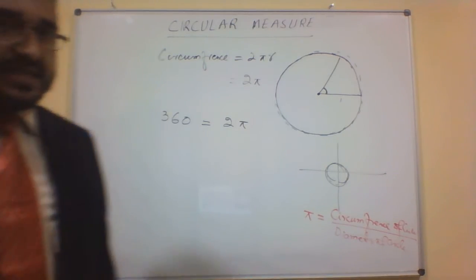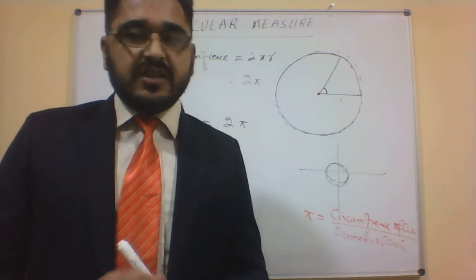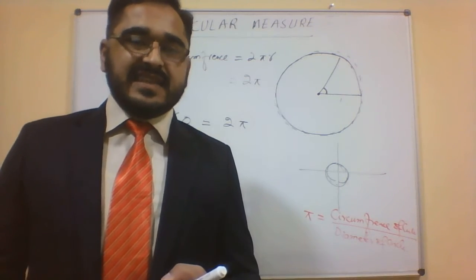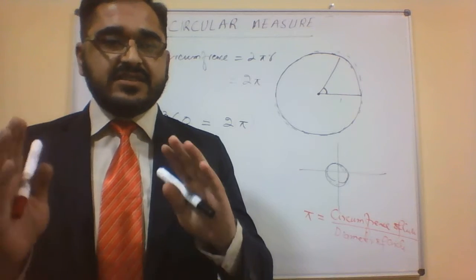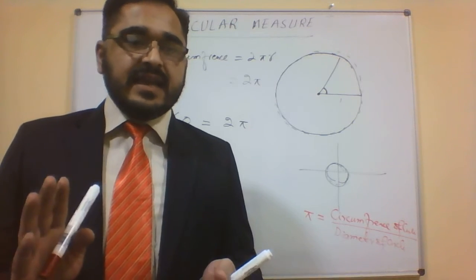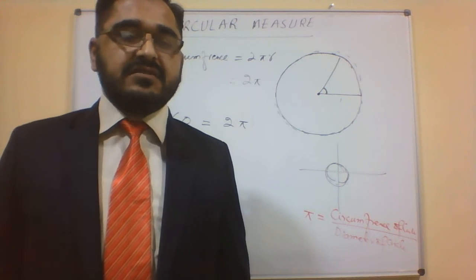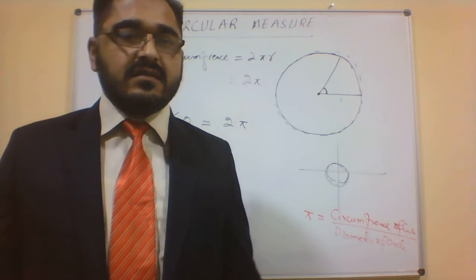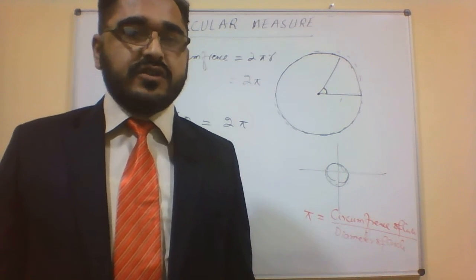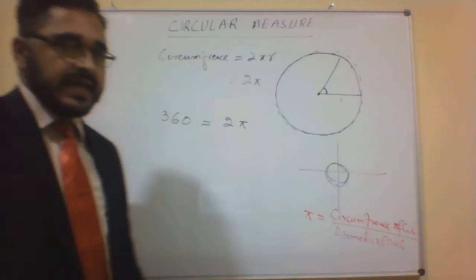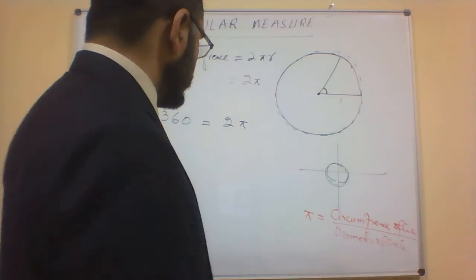This ratio is pi, and this is a fixed value in every circle. The ratio between circumference and diameter of a circle is a constant value, that is pi, and you know that it is equal to 3.1415 and so on. That is an irrational number.